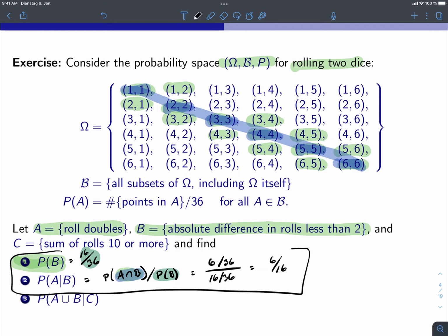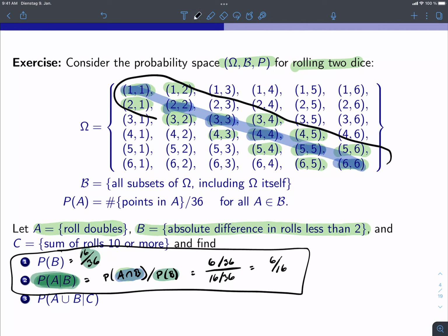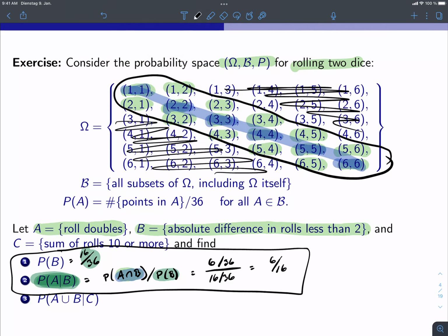If we look at what we just did, in the second one, I'm conditioning on the event B. Once I'm conditioning on the event B, I can ignore the rest of the sample space and it's like B becomes my new sample space.